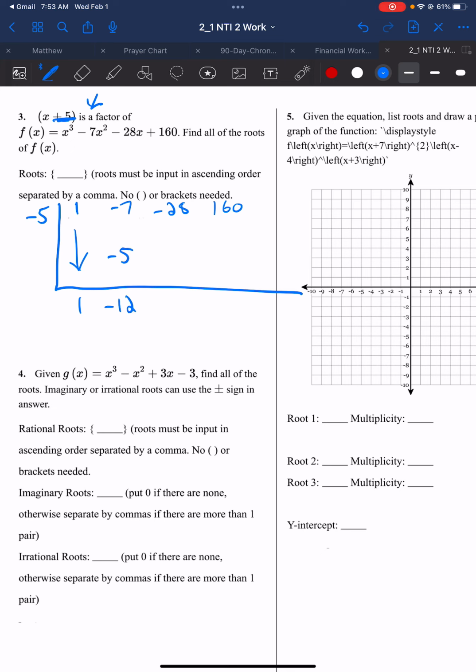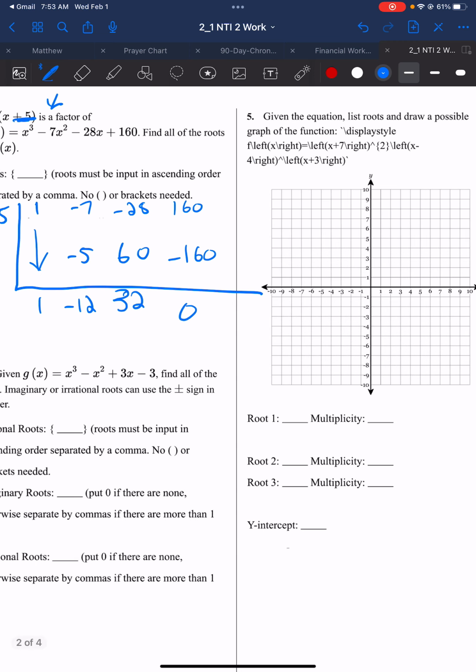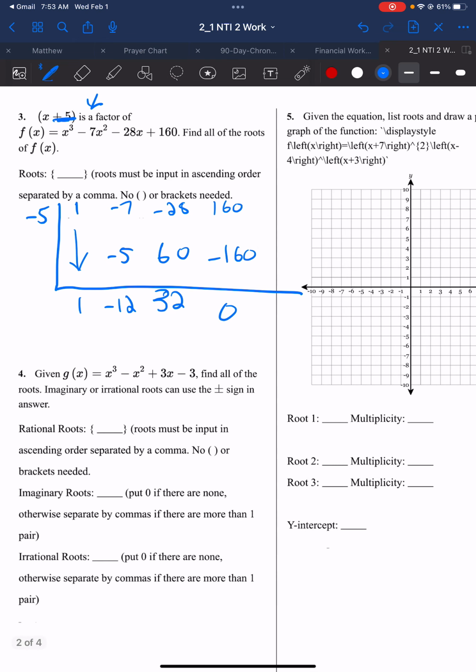That's -12. Multiply to get back inside, that's 60. And then that's going to be positive 32, rather. And then that's going to give me -160, which gives me 0. So my resulting quadratic here is going to be x squared minus 7x.